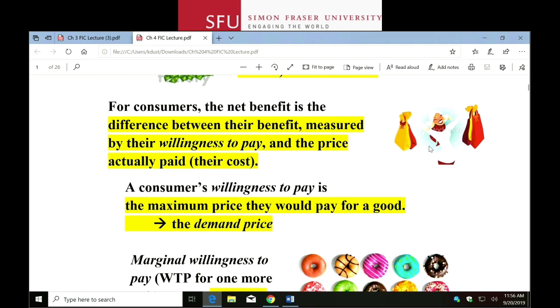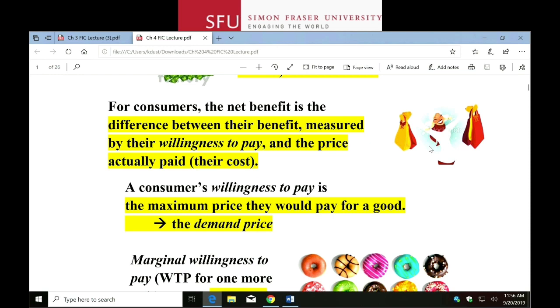And then what happens to your willingness to pay for the third one compared to these ones? Even lower, right? And so as you eat the donuts, you get satisfied, right? You start to fill up. Your willingness to pay per donut will go down and down and down until at some point you say, okay, well, that's enough donuts. I don't want to buy any more donuts.